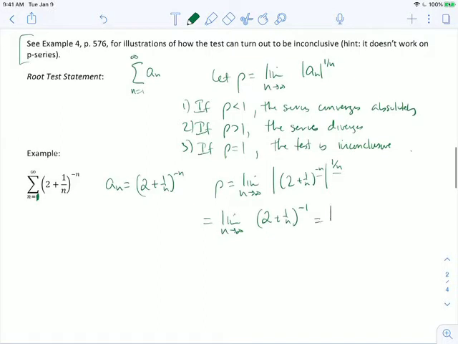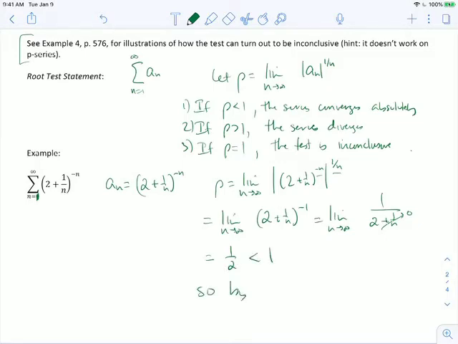Let me remind myself that that's the same as the limit as n goes to infinity of 1 over 2 plus 1 over n. As n gets big, this goes to 0, and so my limit is 1/2, which is less than 1.